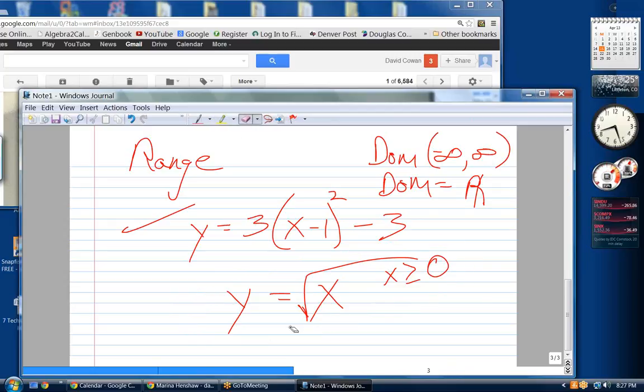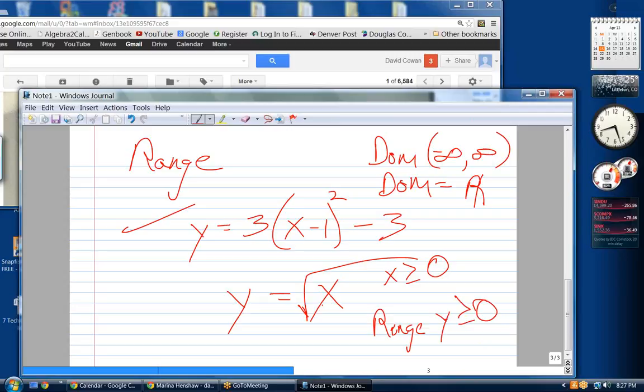You cannot get a negative y because you can only use positive values for x or 0, and when you do that you only get positive values for y. So the range on this function would also be y has to be greater than or equal to 0.